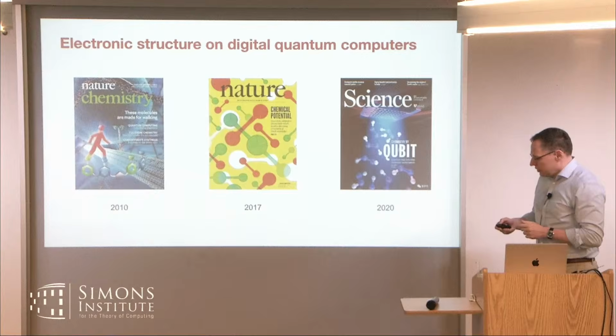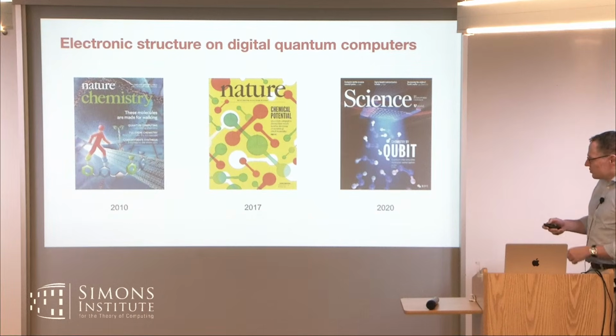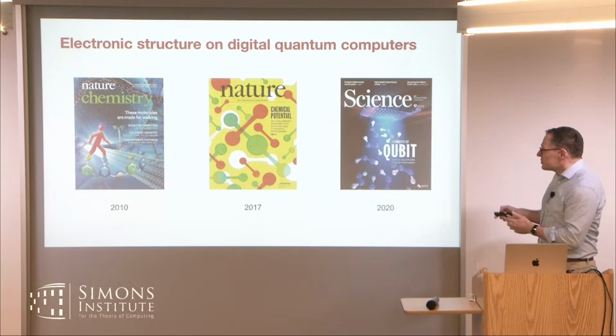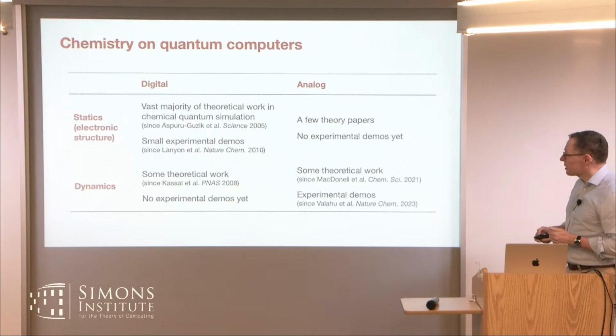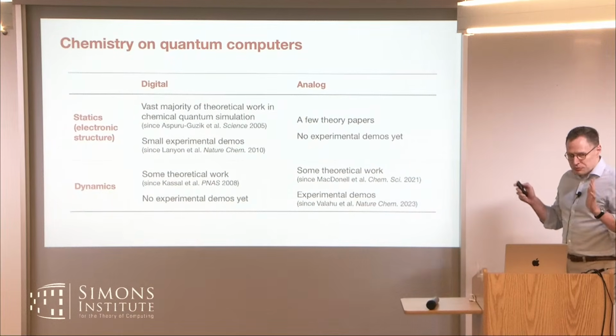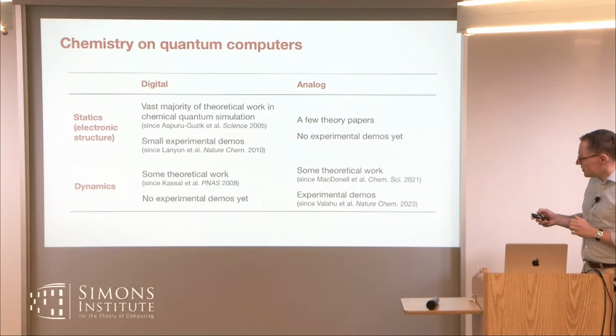So if you look at the covers of glossy magazines where chemistry and quantum computing have appeared, it sort of started in 2010. And then, chemical potential is not a quantum thing, but anyway, and so on, chemistry by qubit. All of these are experiments that involved electronic structure on digital quantum computers. And so if I could kind of summarize chemistry and quantum computers, I could come up with a little grid like this, where, like I said, most of it is digital.